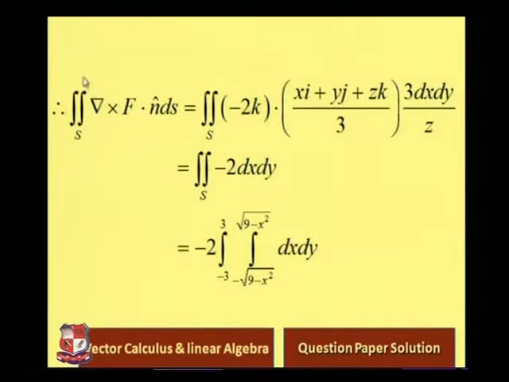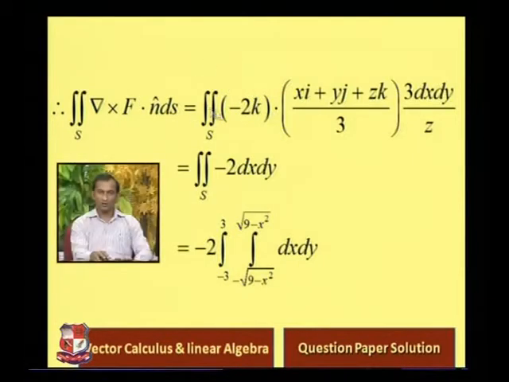Now therefore the double integration of curl F dot n cap dS is this one. Substitute all the expressions: minus 2k, n cap is this one, and dS is 3 dx dy by z. First the dot product of these two vectors: k into k is 1, and the remaining i into k is 0, j into k is 0, so we get minus 2 by 3 of this dot product.